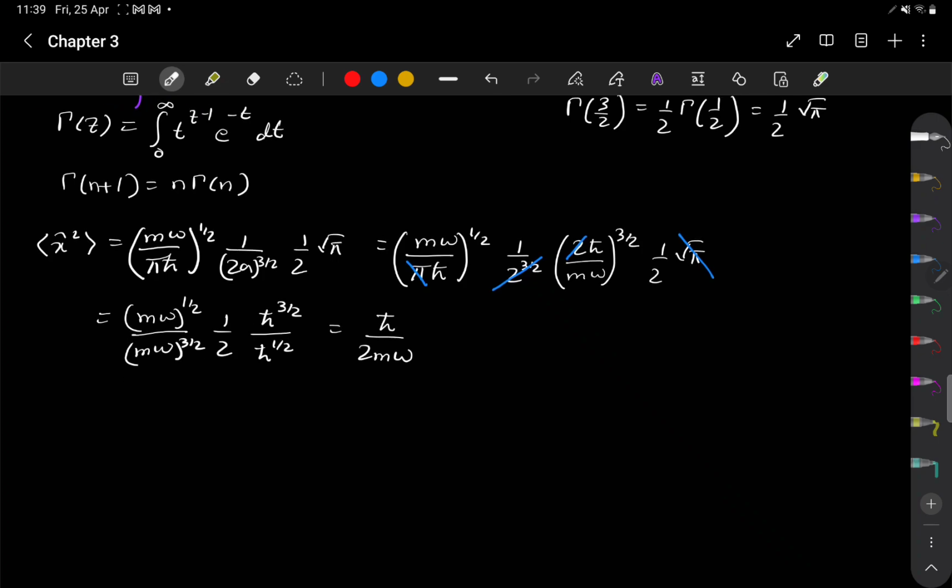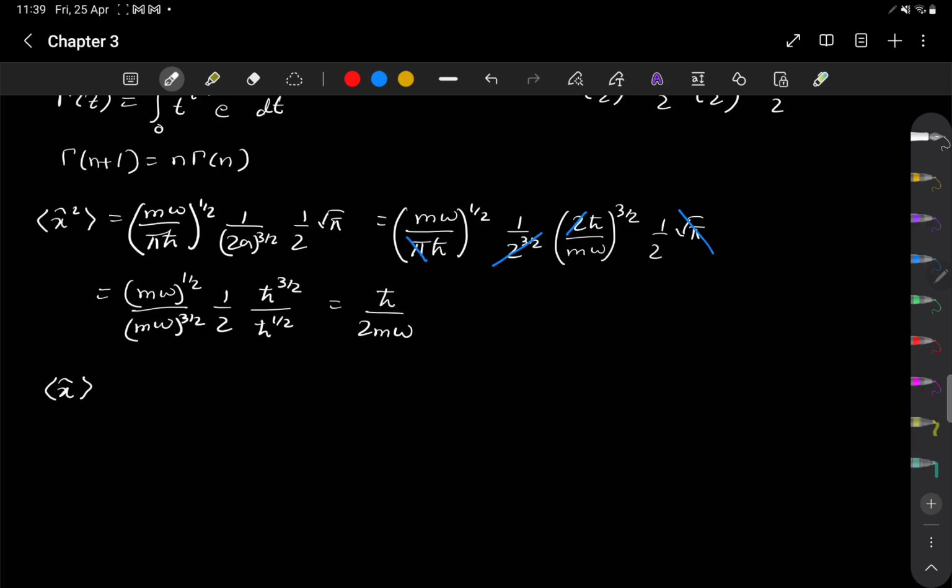Now let us find out the expectation of just the x operator.